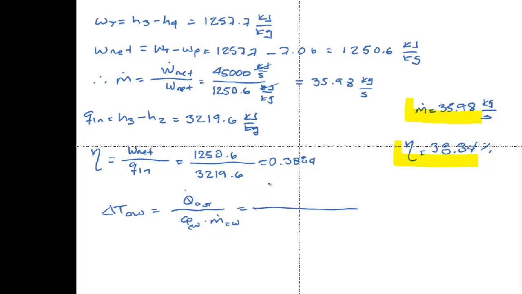So Q out, we find it by multiplying the mass flow rate, which is 35.98, times the enthalpy difference.